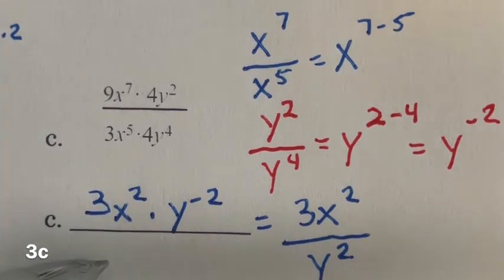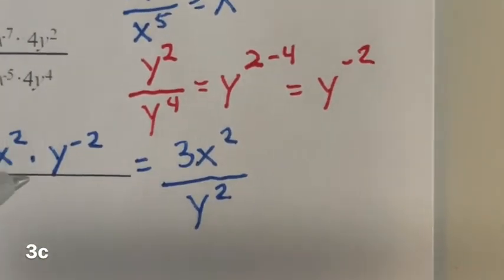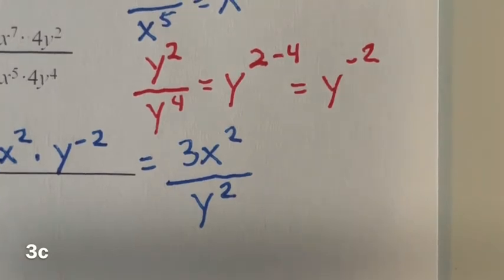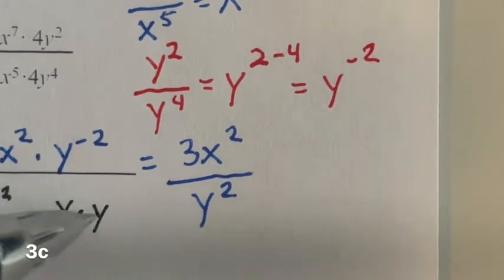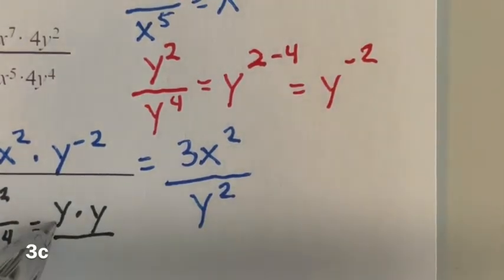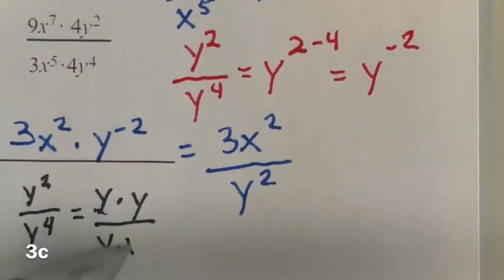Another way of showing this would be if I had y squared over y to the 4th power. There's y squared, y multiplied by y, and then y to the 4th is y multiplied by y 4 times.